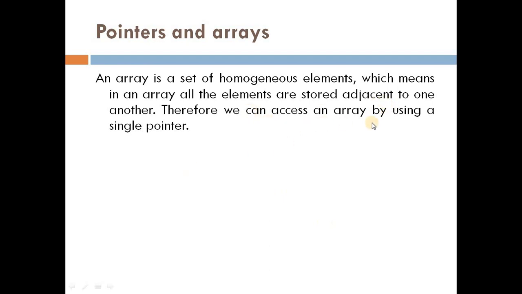Therefore we can access an array by using a single pointer. All the elements in an array have the same data type and are stored in memory adjacently: one, then second, then third, and so on.